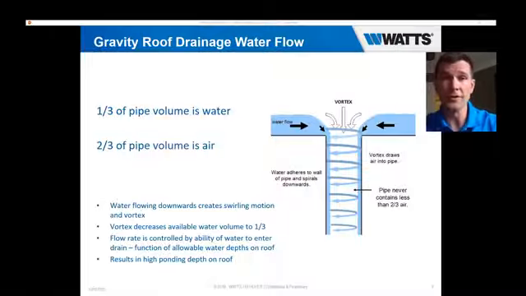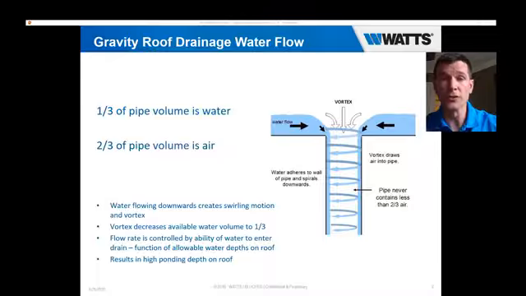So it also generates a vortex. That vortex pulls in air from the top of the roof drain itself and draws it into the system. So in this case, you're only having a third of the pipe volume that's full of water, where 2/3 of the volume is full of air, which is a pretty inefficient flow option.